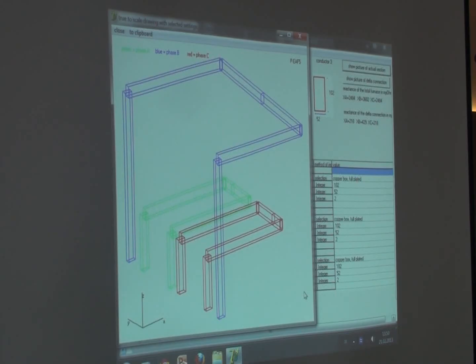Normally, if you have no reactances in the delta, the sum of the voltages should be equal. Because this is a short circuit, the sum UCA plus UAB plus UBC is 0.